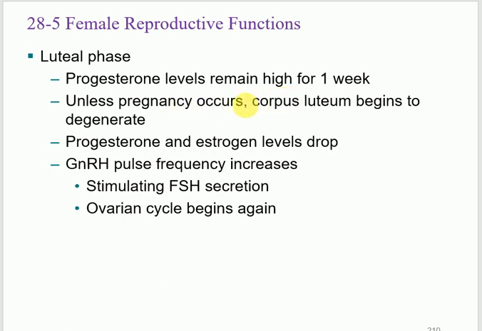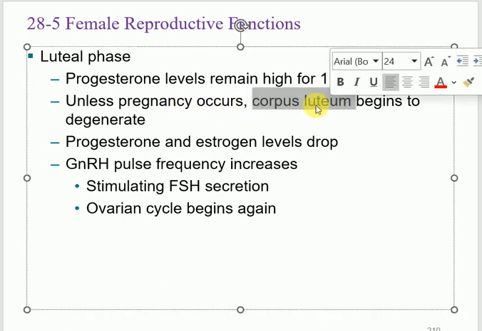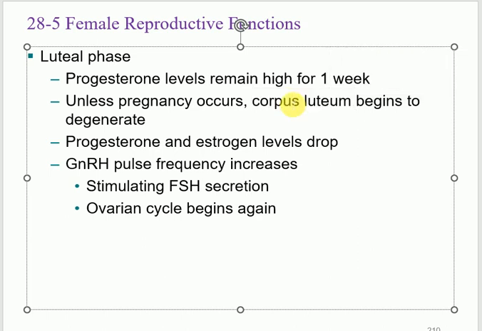Corpus luteum will continue if there is pregnancy, if there is fertilization, because the fertilized egg or the zygote is going to send a hormone called HCG, the human chorionic gonadotropin. We'll talk about it. But this hormone that's coming from the fertilized egg will maintain the corpus luteum. It will keep it alive only if pregnancy occurs.